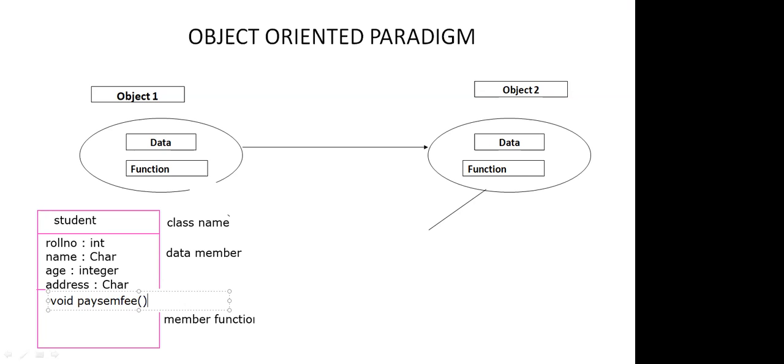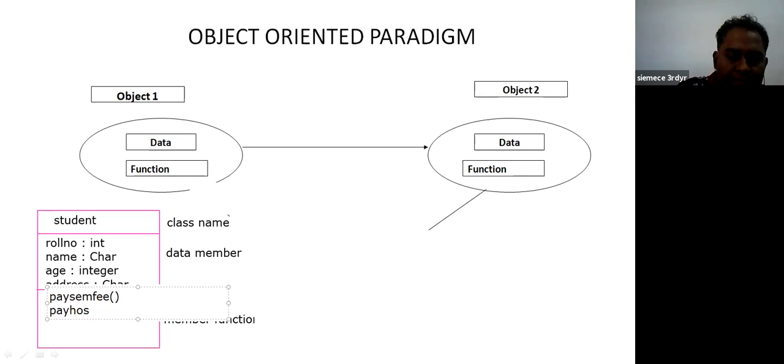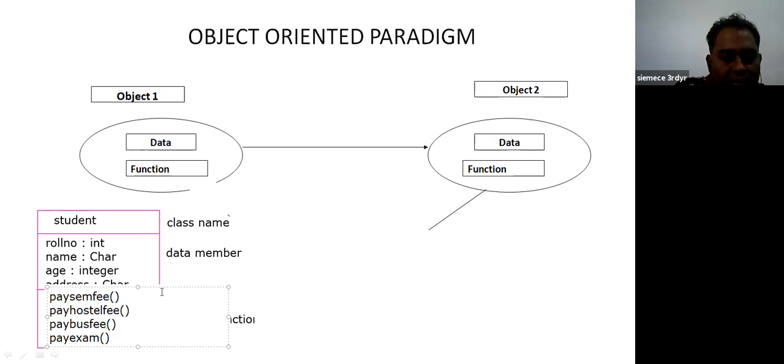Now instead of writing the return type, I can simply write like this also: student is going to pay the semester fee, student will pay hostel fee, student is going to pay bus fee, and student is going to pay exam fee. Is it clear to you all?